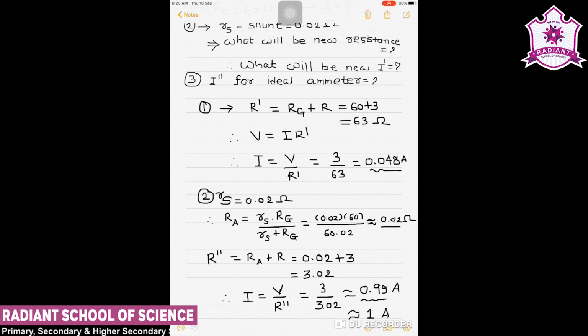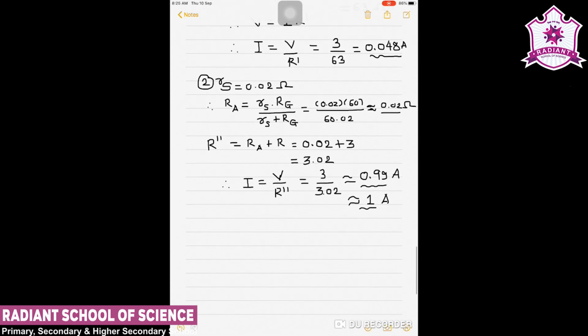So we can also write it as about 1 ampere of current that will flow through that circuit. And they have also asked a third question: if it is an ideal ammeter with zero resistance, that means the resistance of the ammeter portion is zero. So what will happen?